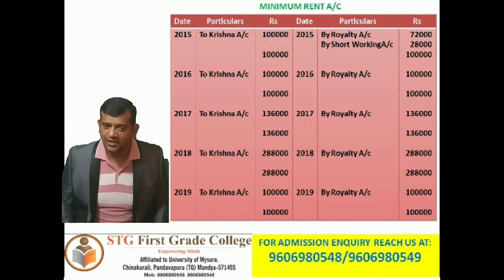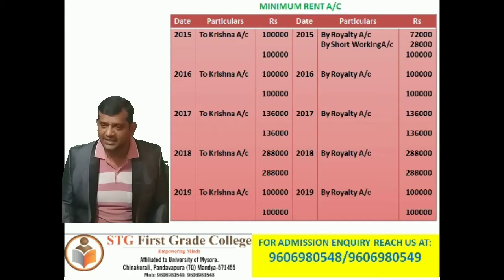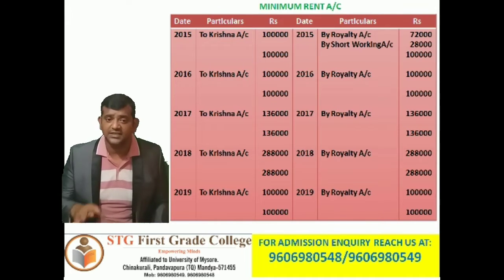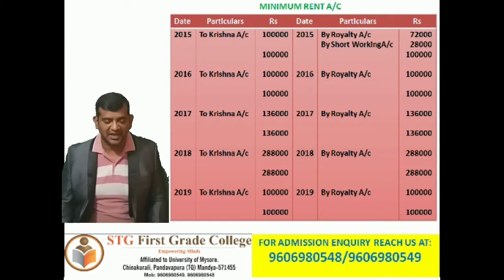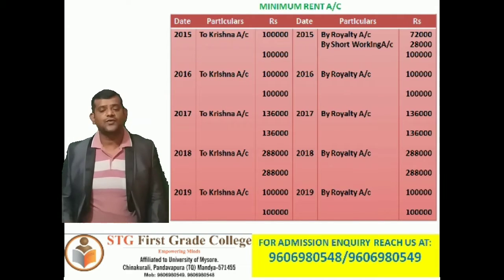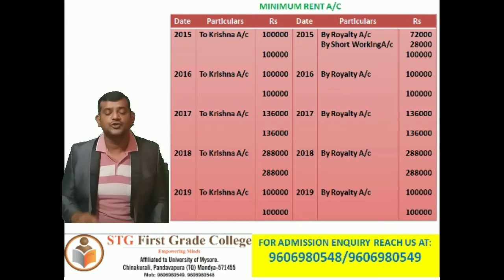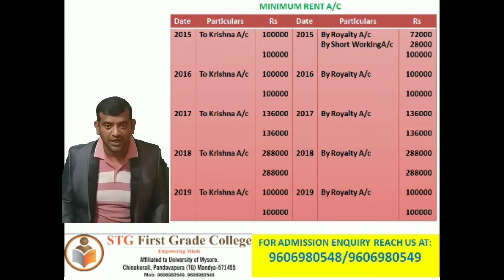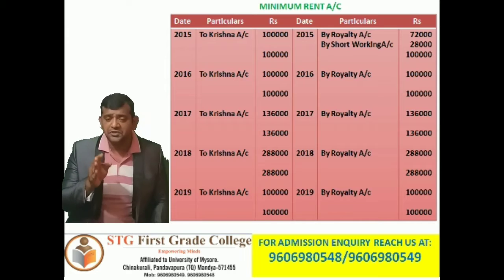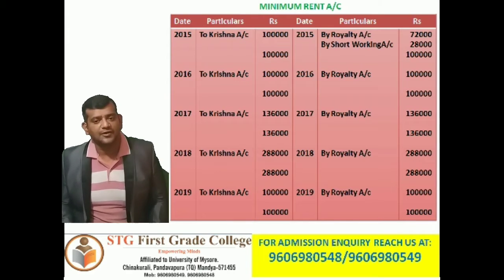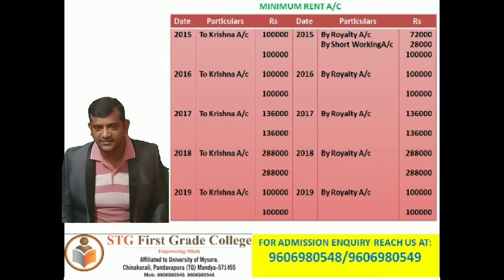In the year 2017 the amount payable is 1,36,000 rupees, because in the third year we were able to produce more than the minimum rent, that is 1,62,000. Out of that 1,62,000, 26,000 short working recovery had happened. So the left out is 1,36,000. So in the year 2017 we transfer to Krishna account 1,36,000, by royalty account 1,36,000.